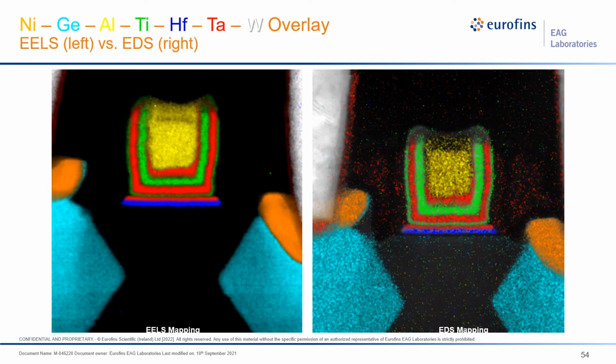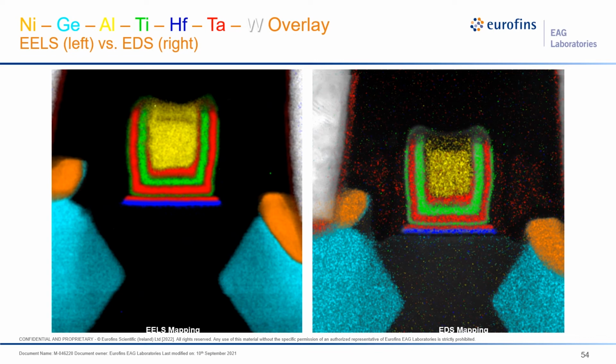In the past, people just used EDS analysis, and this is a direct comparison of EDS and EELS analysis. In general, EDS mapping will be a little bit noisier than EELS analysis. For silicon devices nowadays, we can solve maybe 95% of the problems with EELS, slightly better than EDS.